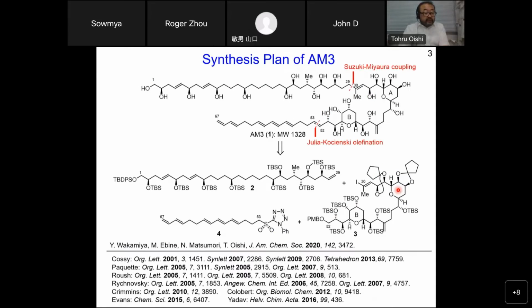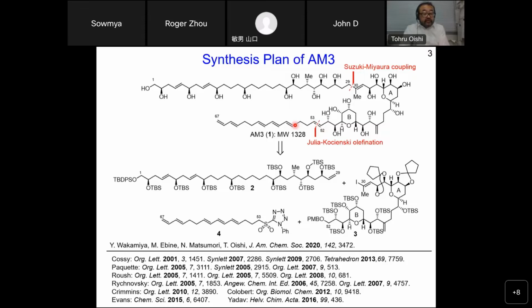So we planned a highly convergent strategy for synthesizing AM3, as shown here. AM3 would be synthesized through the assemblage of these three components via Suzuki-Miyaura coupling, the C-C bond formation at C29 and C30, and Julia-Kocienski olefination, the connection of the C-C bond at C52 and C53.